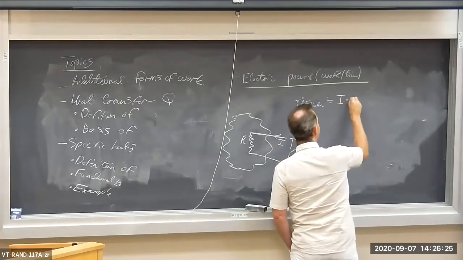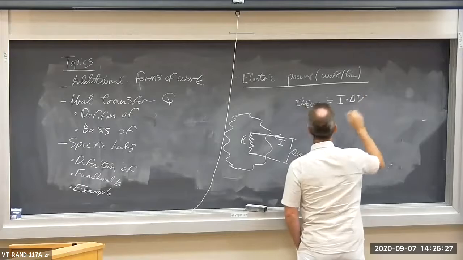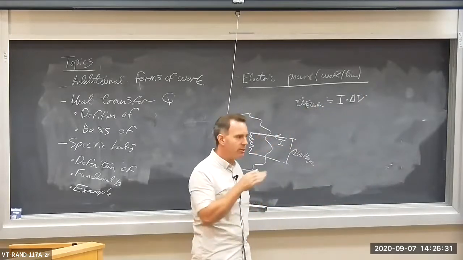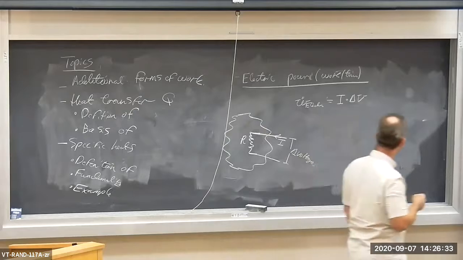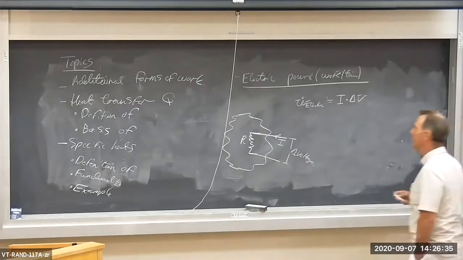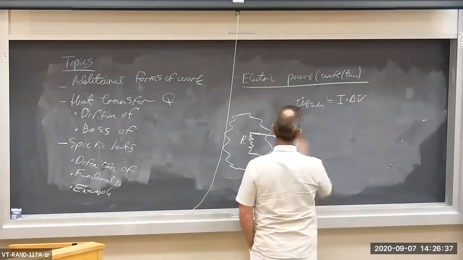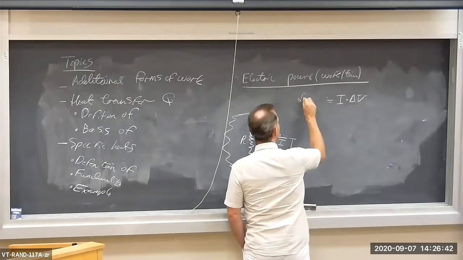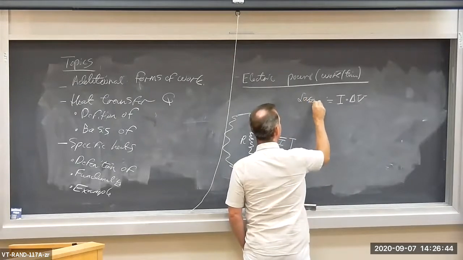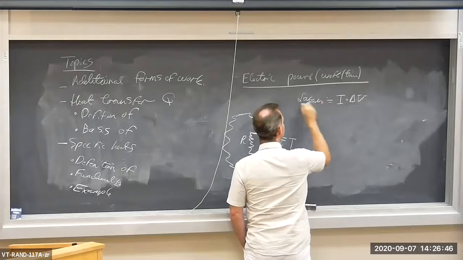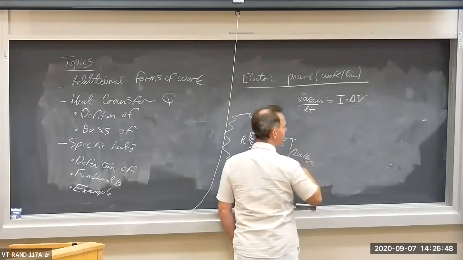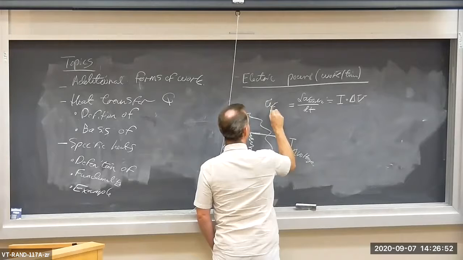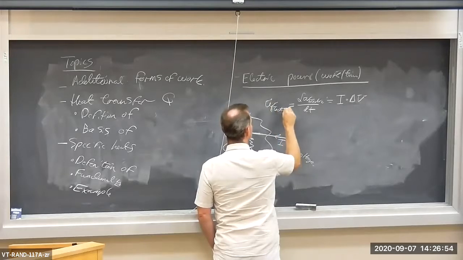So I times delta V. And remember, the definition here is the same as in the shaft power case. W dot electric is the little bit of electric work over a small period of time, okay?